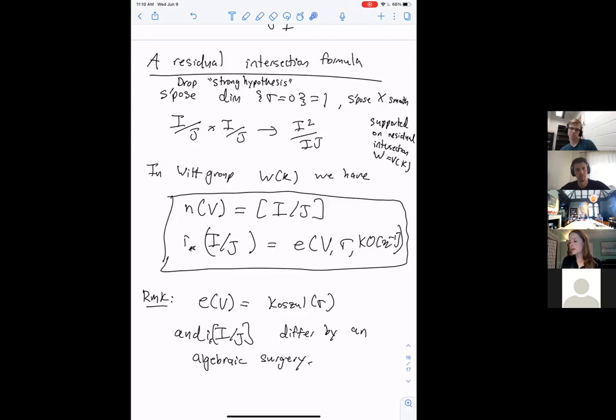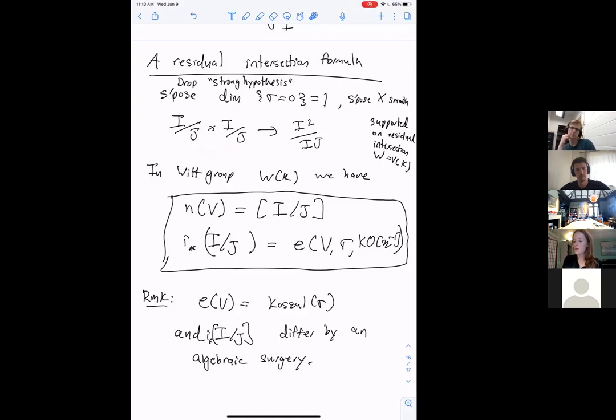And you could make a kind of moral reason that may or may not be true, which says, well, if your dimension was 1 and you could have an excess bundle, then it would be the Euler number of a one-dimensional bundle and it would be hyperbolic.